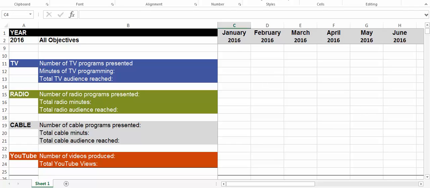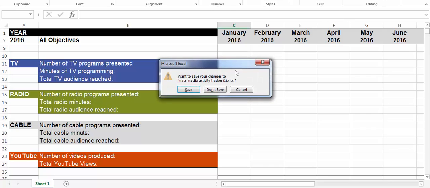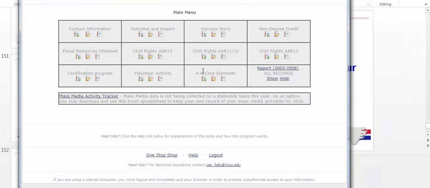So that's it in a nutshell as we look at the 11 sections of the extension reporting system. I want to say that these sections are, again, contact information should be done monthly, outcomes and impacts every 6 months, success stories as they occur, non-degree credit every month, physical resources as they occur, civil rights every 6 months.